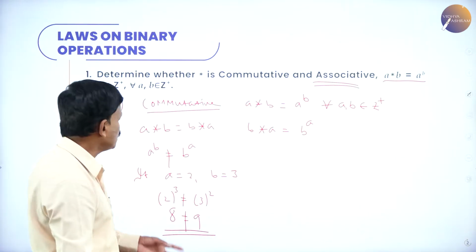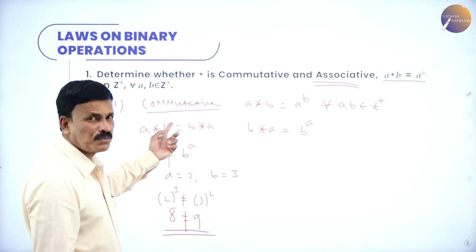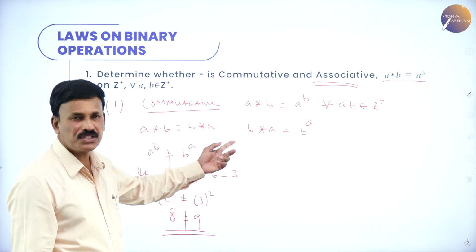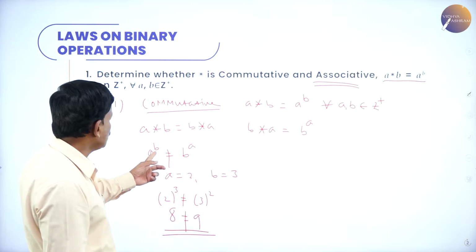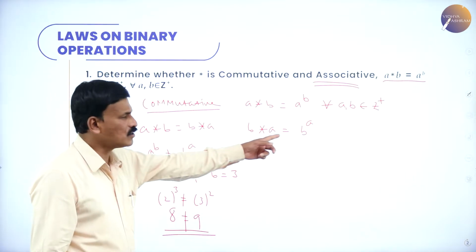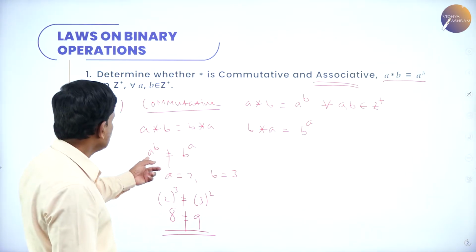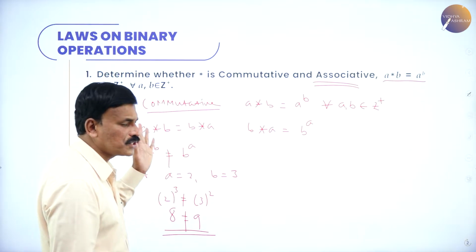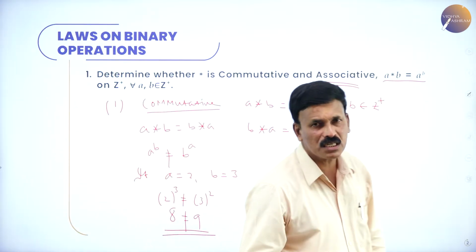Hope you followed this. For the commutative property, A star B is equal to B star A. A star B is nothing but A to the power of B, and B star A is equal to B to the power of A. Since A to the power of B is not equal to B to the power of A, let us consider a small example.